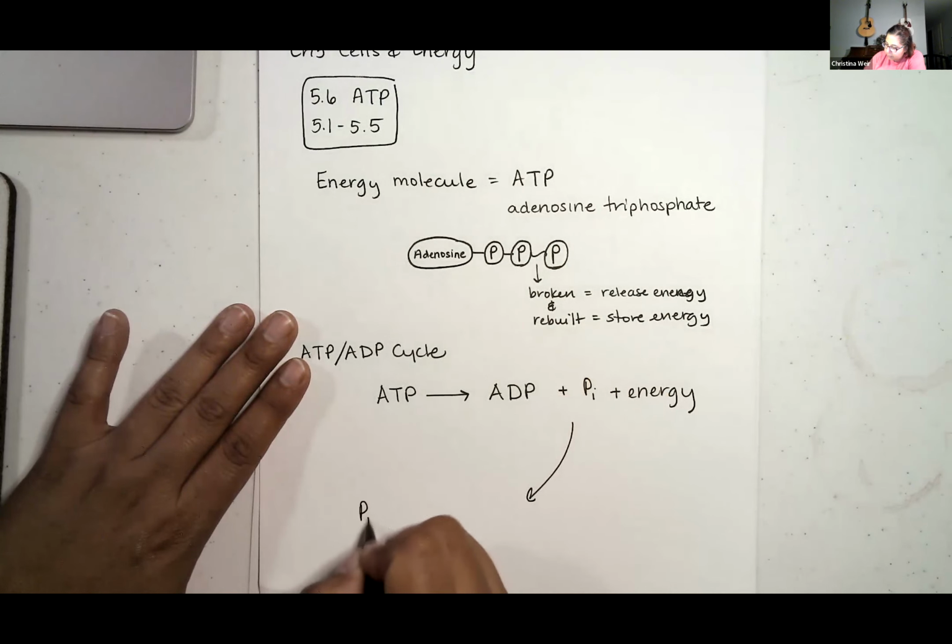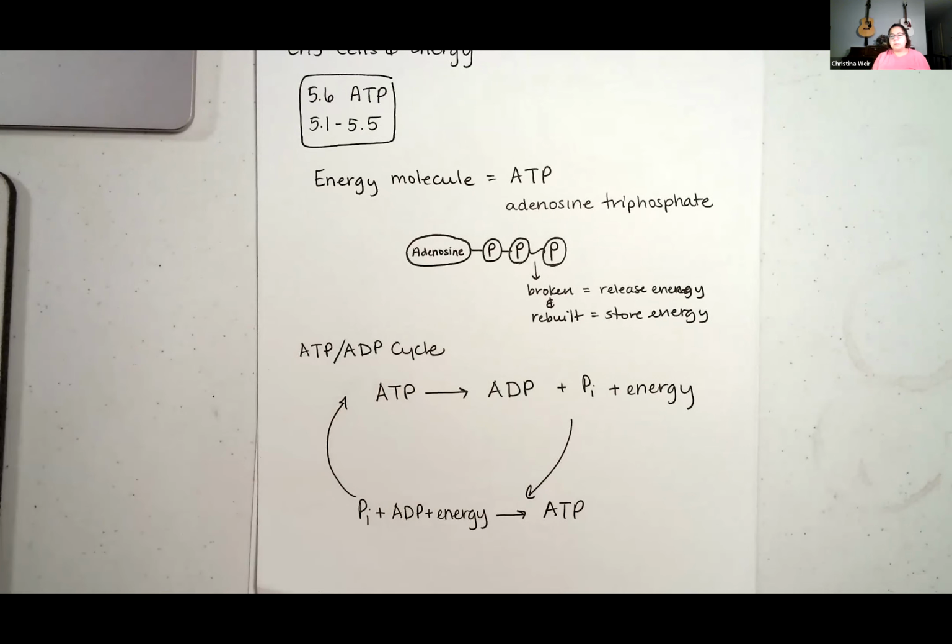So phosphate plus ADP plus energy. You put those together and that makes ATP. And so this cycle just kind of goes back and forth whenever you need to release energy or store energy. So breaking the chemical bond releases energy, reforming the chemical bond stores energy.